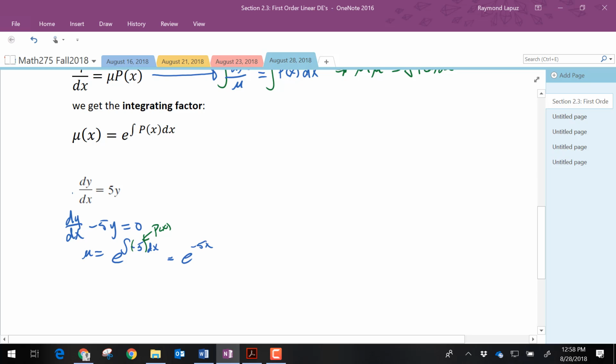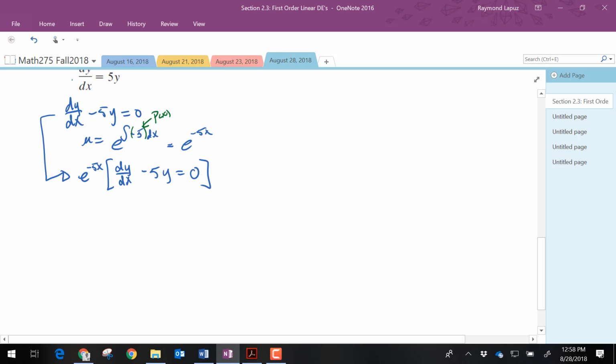So what this is saying is that if I multiply this expression by the integrating factor, and not just multiplying the left-hand side, but we have to multiply the equation to keep it equal, then the left-hand side should look like a product rule.